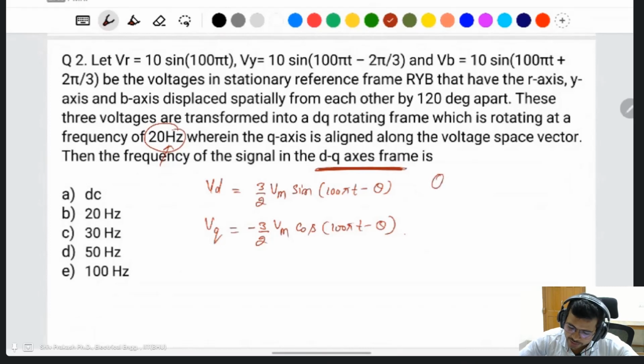Then what is the theta? Theta is 2 pi f dq into t, which is 2 pi into 20. The frequency given is 20, so theta is 40 pi t.